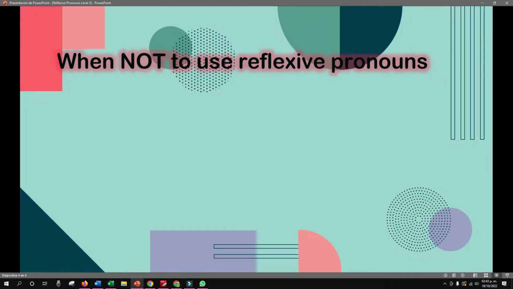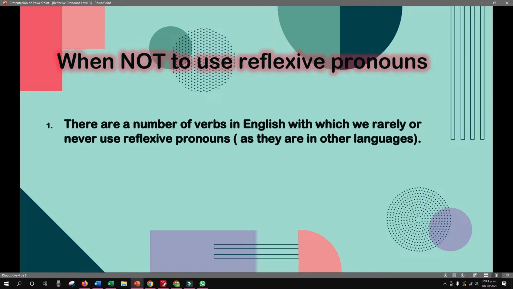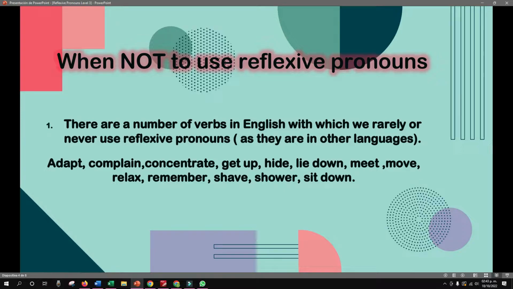When not to use reflexive pronouns. First, there are a number of verbs in English with which we rarely or never use reflexive pronouns, as they are in other languages. Adapt, campaign, concentrate, get up, hide, lie down, meet, move, relax, remember, shave, shower, sit down.